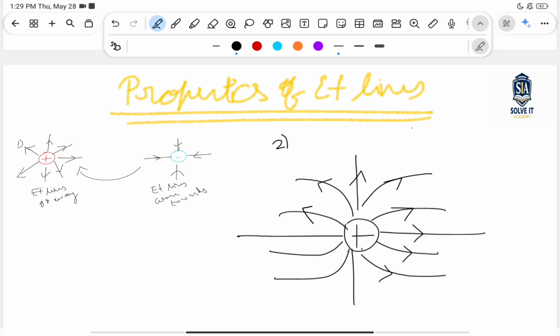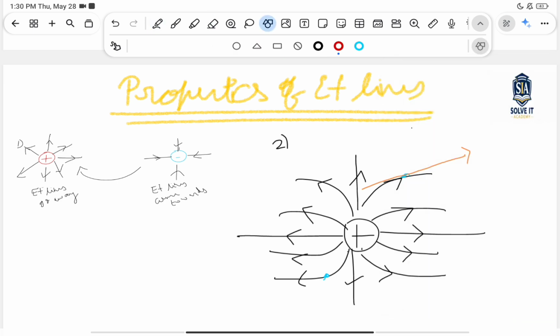They are moving away from the positive charge because it is a positive charge. Now at this point, if I want to find the direction of the field, I have to draw the tangent at that point.